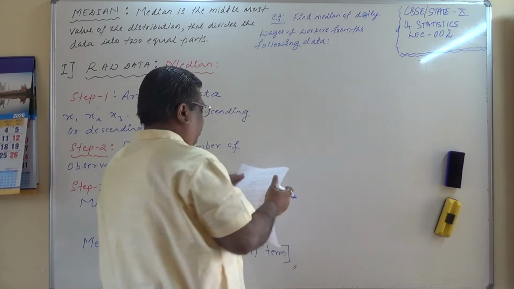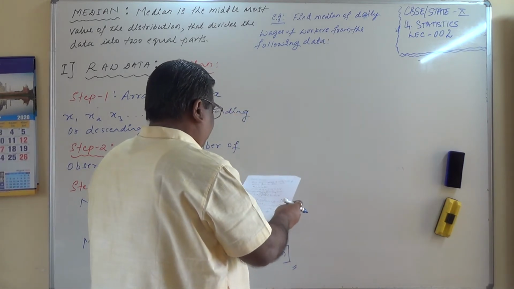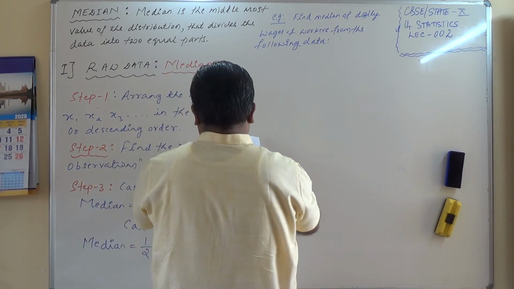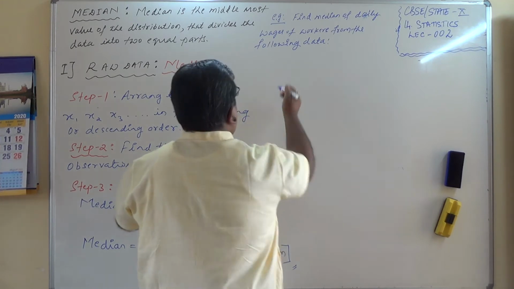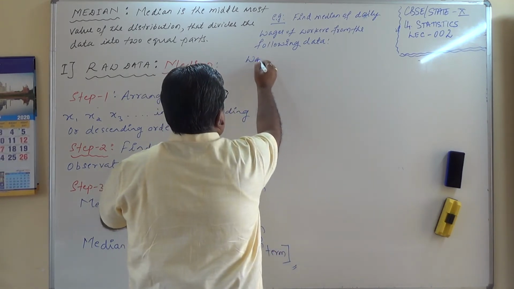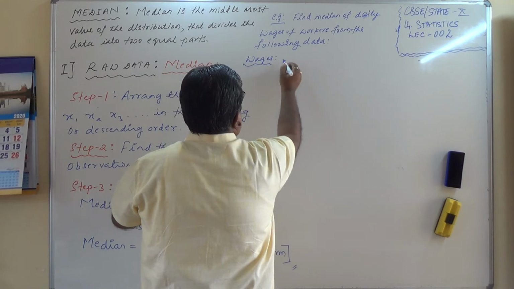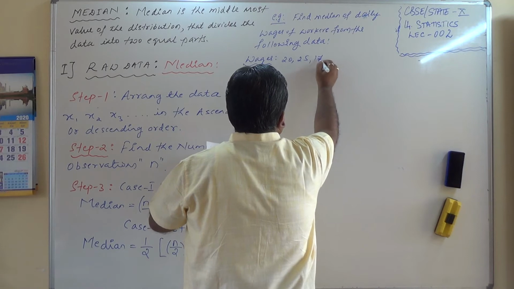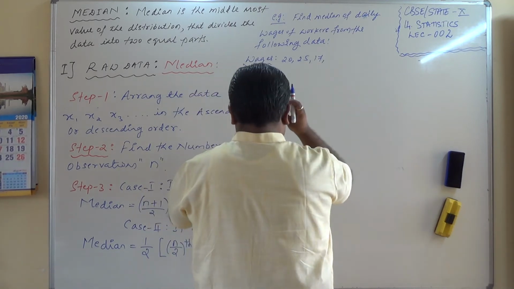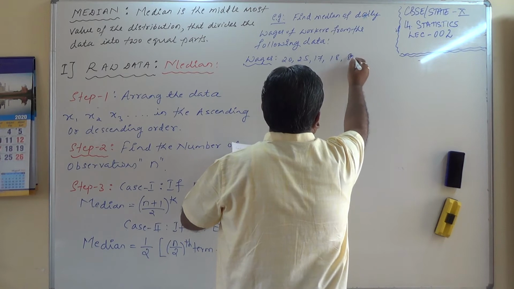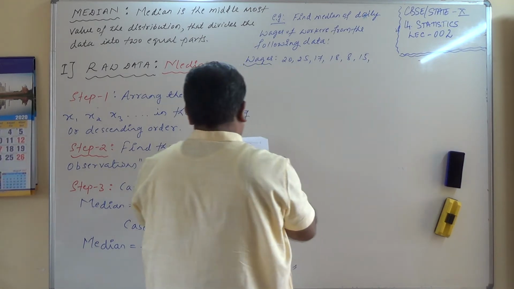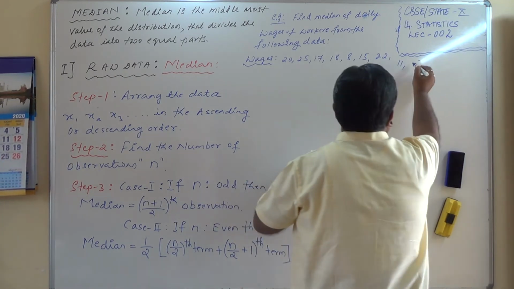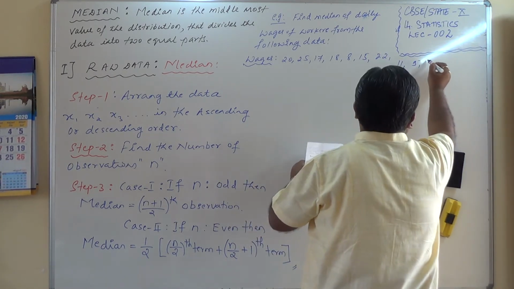So the data given to you here is the wages, in rupees. Okay, this is 8, 20, wages: 20, 25, 17, 18, 8, 15, 22, 11, 9 and 14.